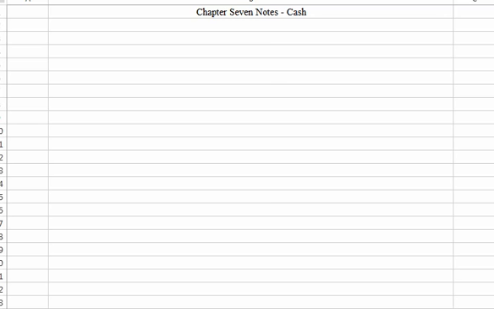So if we want to buy a box of Staples, we might get some money out of petty cash instead of writing a check for $2. You really don't want those small checks out there. It costs something to write the check and process the check. So you can understand you don't want to write them for $1.30 or something like that. So we pay those items out of petty cash.